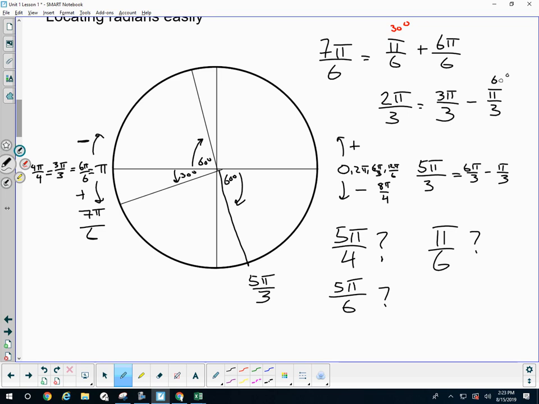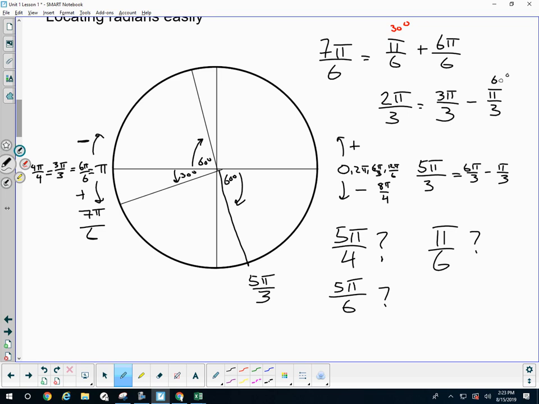So now we've got to get the 5 pi over 4. This is also 4 pi over 4. Which way is adding, which way is subtracting? Okay, good. I'm thinking it would be 3 pi over 4? Yep. Did you just recall that from memory, or did you figure it out? I figured it out. All right, good. Because that's what we've got to do. You see I'm drawing out the thing.